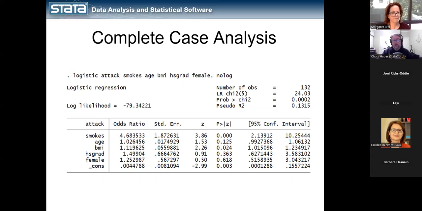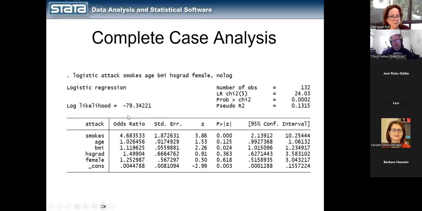It only takes missing data for one variable to kick the whole observation out of the analysis. So if we look at the number of observations in the model, we see that there are 132 observations used to fit this logistic regression model. And the reason that it's not 154 is because of those missing values for BMI. Any of those observations are removed. Anyway, it's called complete case analysis.